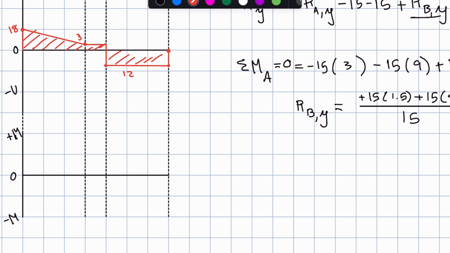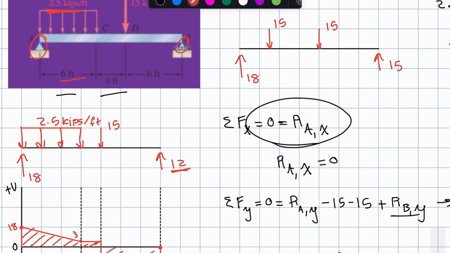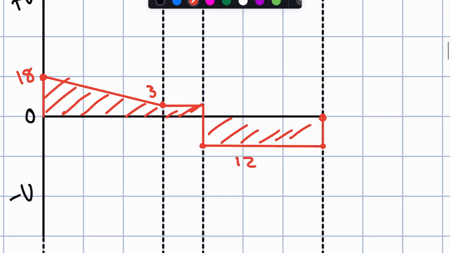And the way we get that, you can see we have a height of 18 right there, and then this length right here comes from the actual problem. And so you can see it's 6, right? And so this area is going to equal 18 times 6 divided by 2 because it's a triangle, right?